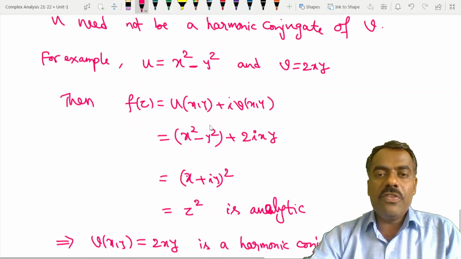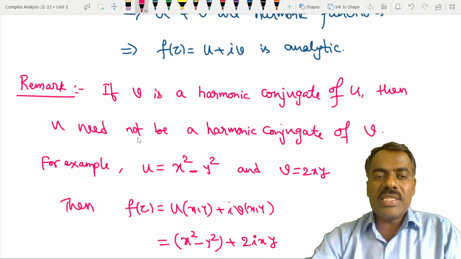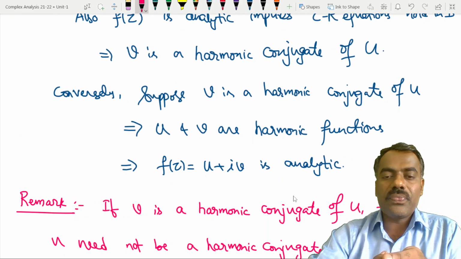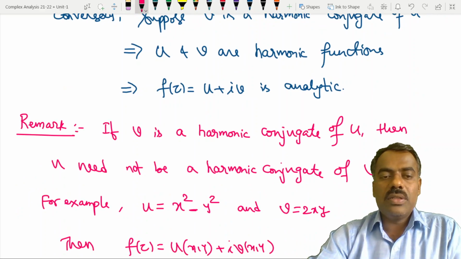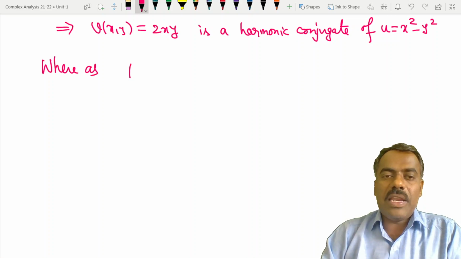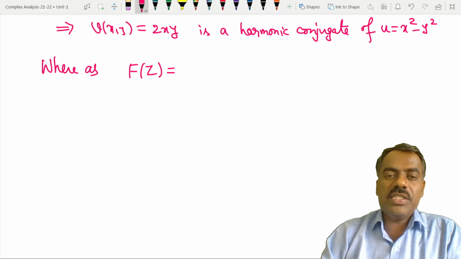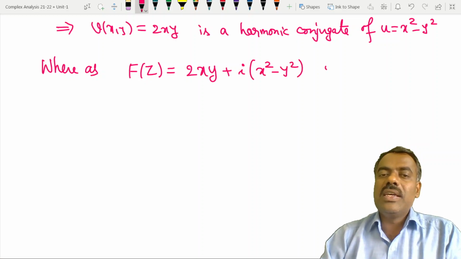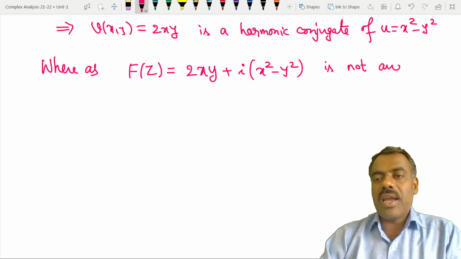Whereas if we want to show that U is a harmonic conjugate of V, our new function is what? Whereas you can call it some capital F(z), which instead of u + iv, what you will have now is v + iu, that is 2xy + i(x² − y²), which is not analytic.